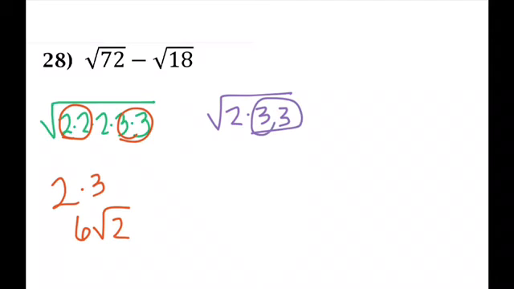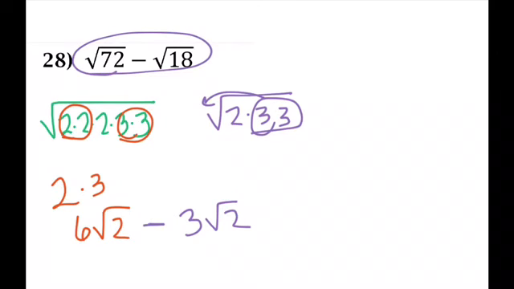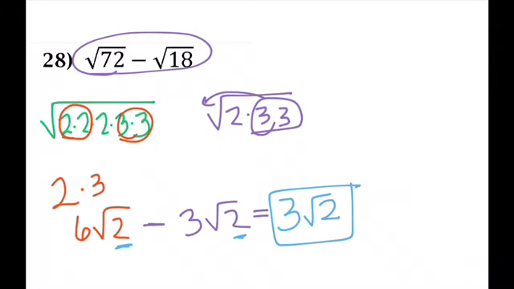So I'm going to take out a pair of 3's, and so I'm going to have 3 square root 2. So what this problem is saying is 6 square root 2 minus 3 square root 2, and since my radicands are the same, I can do that. So 6 minus 3 is 3 square root 2. Again, it's like if you have 6x minus 3x, it's 3x. So that's how you would do that one.